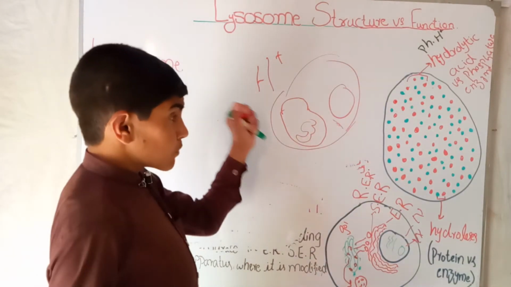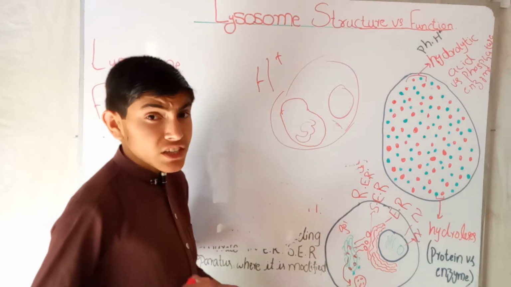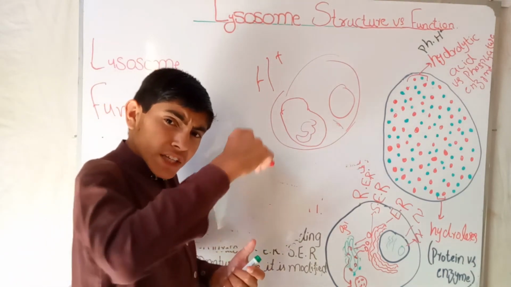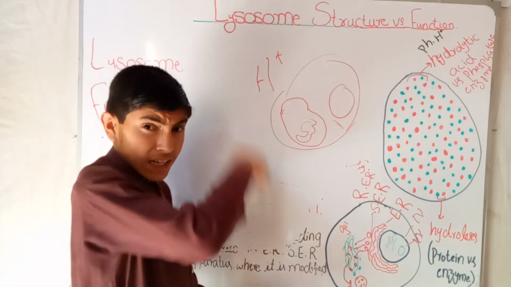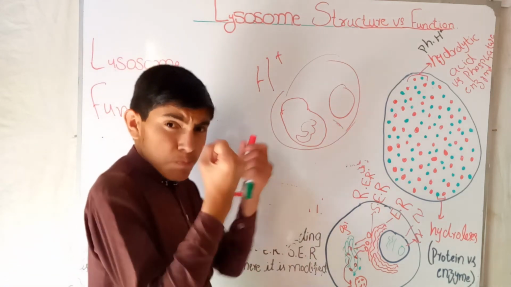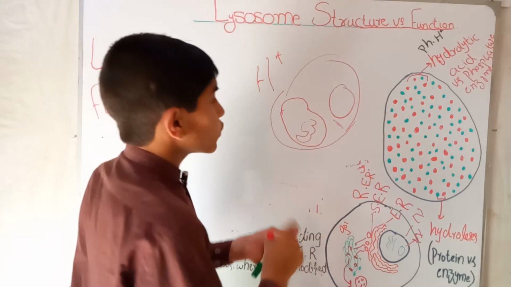If other components like the Golgi apparatus are expired in the cell, it directly envelops them. And what do they do after enveloping? They send them directly into a vacuole.